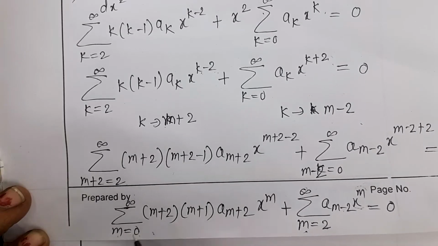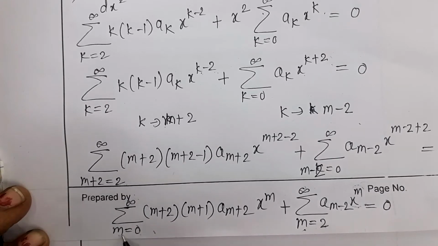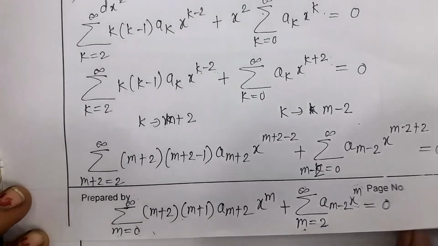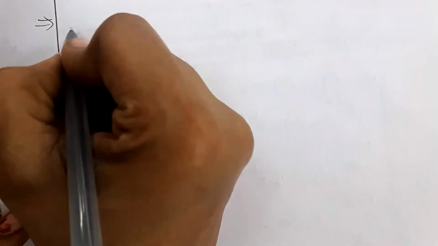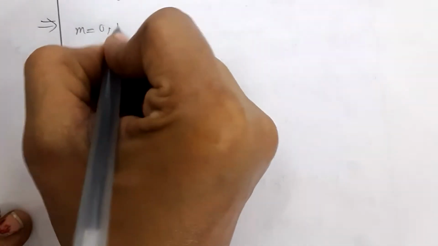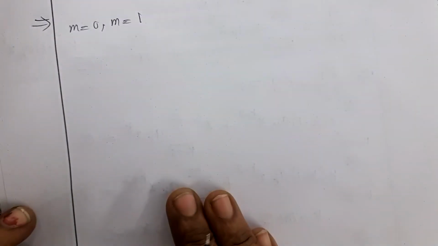So we write the previous terms by substituting m equal to 0, then m equal to 1, then m equal to 2 to infinity. In the first summation it becomes m equal to 0.